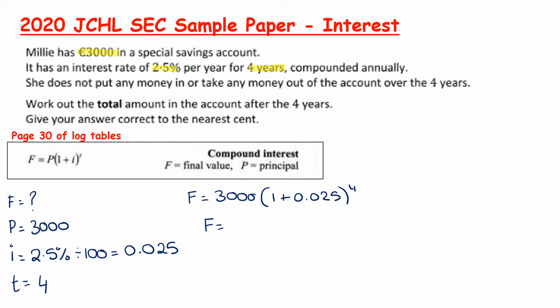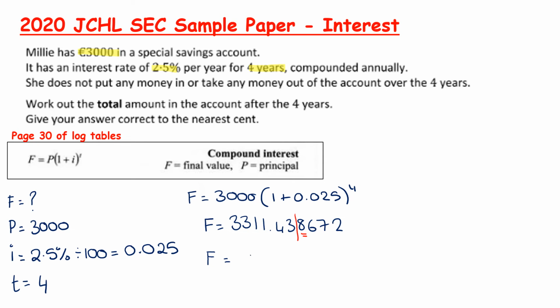So again, this can go straight into our calculators, 1 plus 0.025, and then all to the power of 4. We get 3311.438672. It's money, so we always want to round it to the nearest cent, unless we're told otherwise, i.e. to the nearest euro.